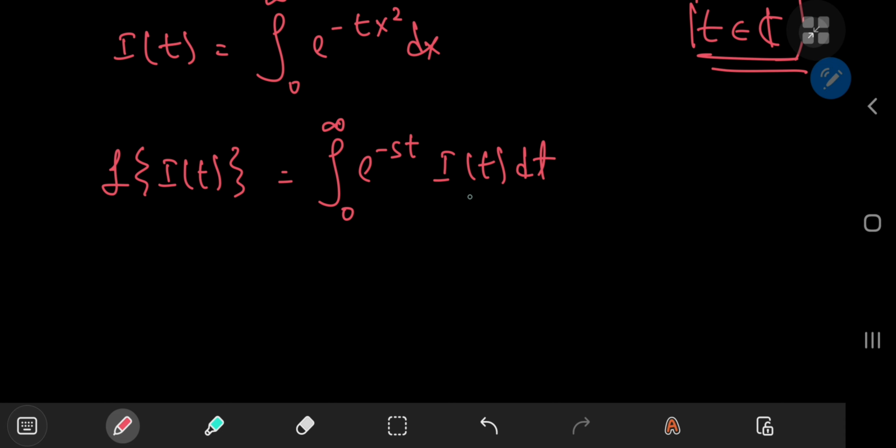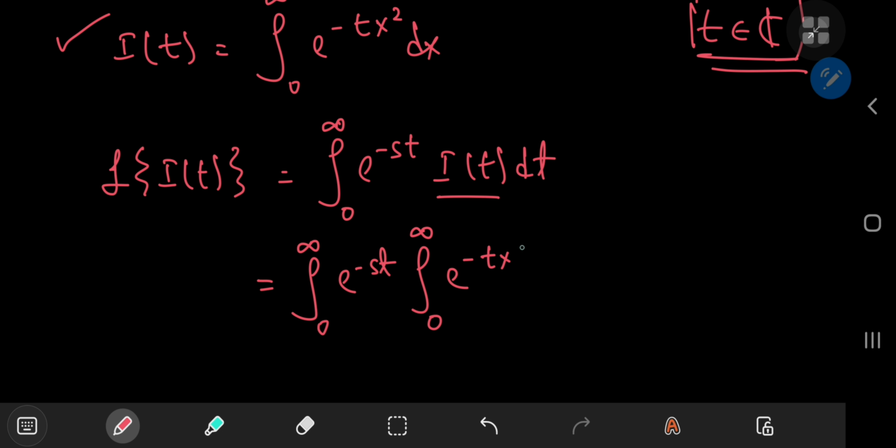And you can expand this I of t term in terms of the way you defined it up here, and now you get the integral from 0 to infinity of e to the negative st times the integral from 0 to infinity of e to the negative tx squared, and we have this integration being carried out with respect to x, and we have the outer integration being carried out with respect to t.